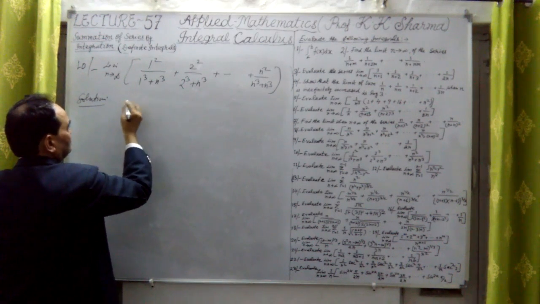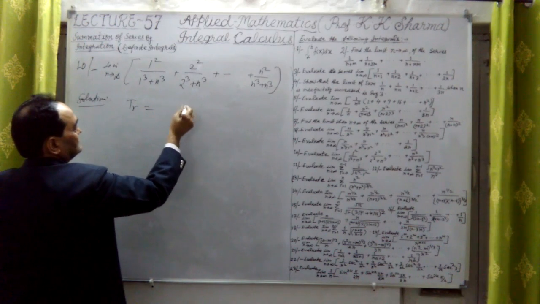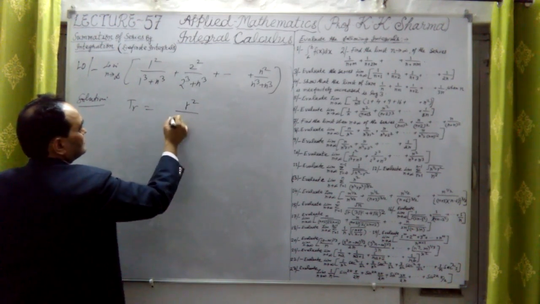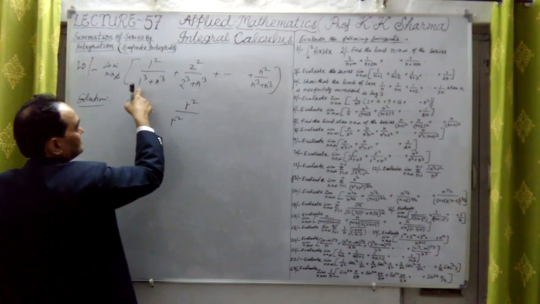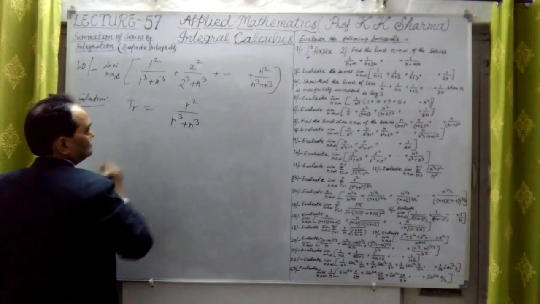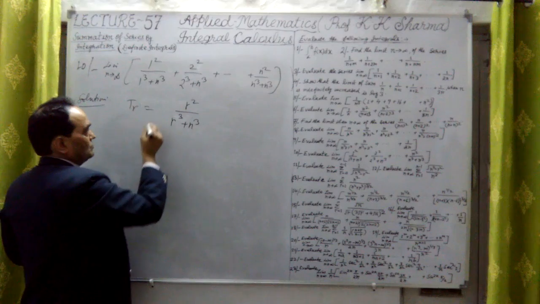Let me write the rth term. The rth term of this series is given by r square upon r cube plus n cube. Now let me put the limits.